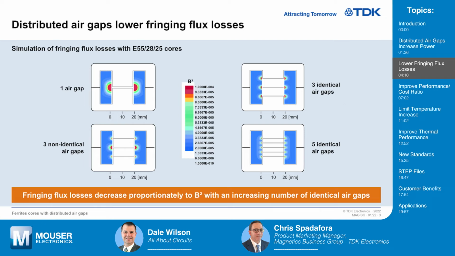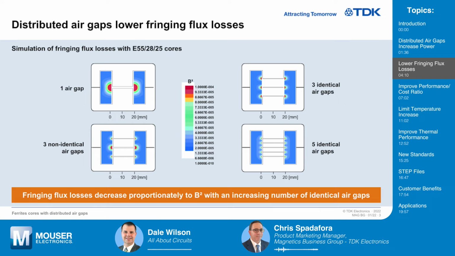That winding window is basically where your copper windings go in, or in the case of planar magnetics, the board tracings go in. And that center area is the gap. It's one gap, and you see the large red and multicolor areas emitting from that center gap. Like anything else, red is danger. So if we look at the one air gap, we've got a lot of red in there.